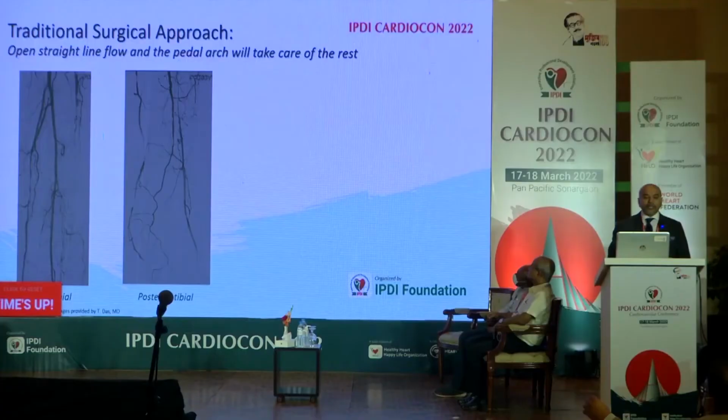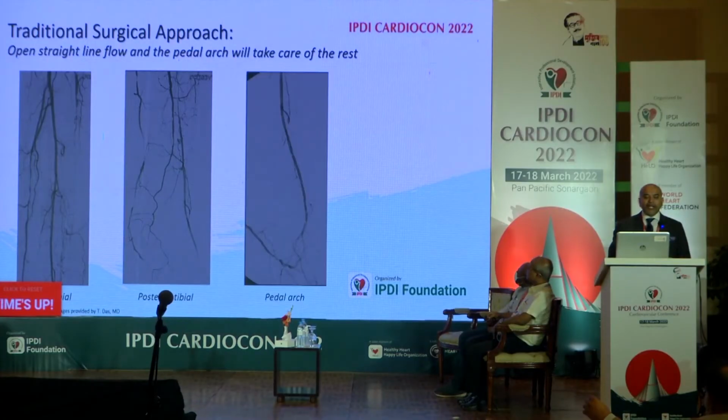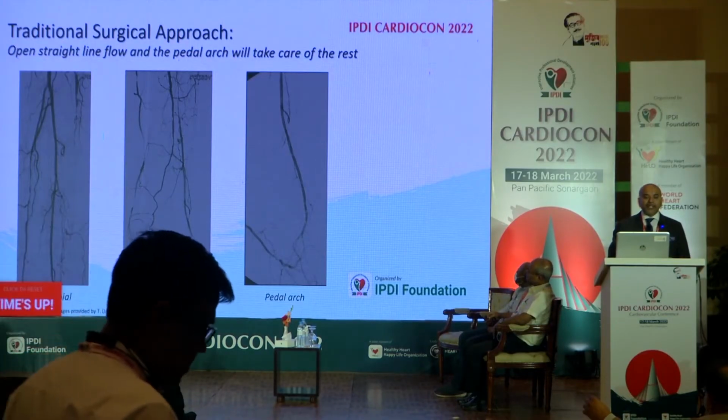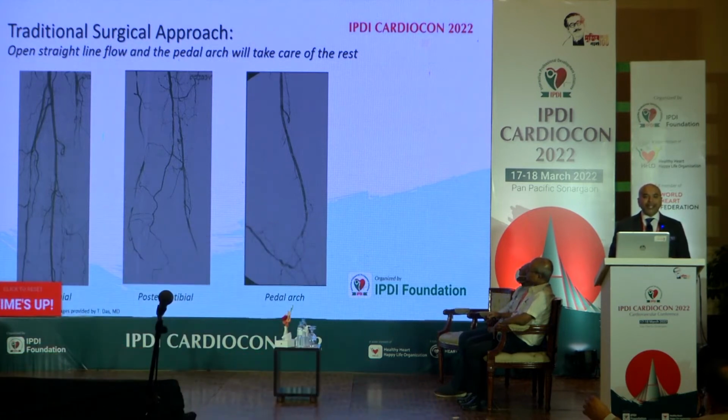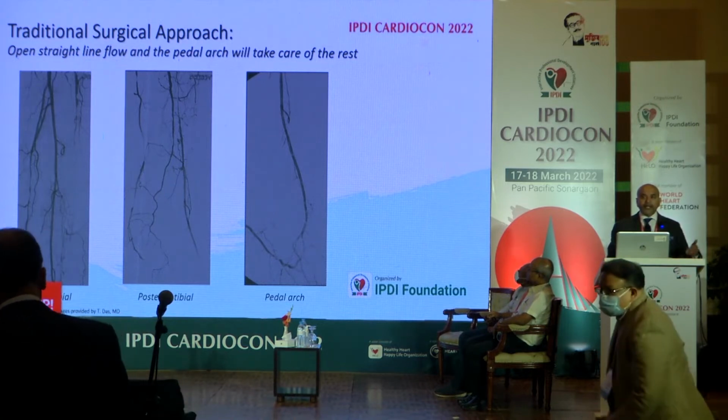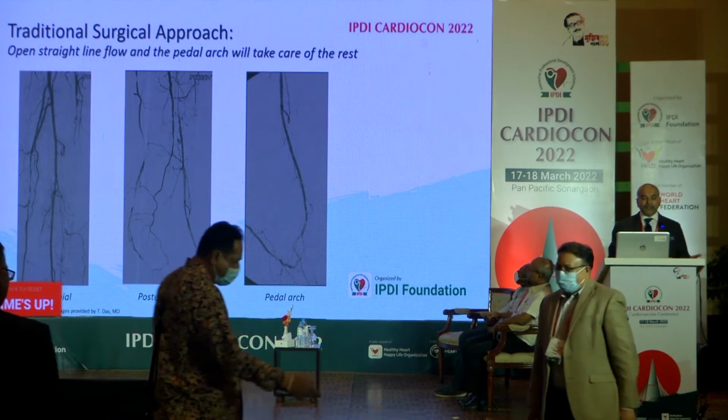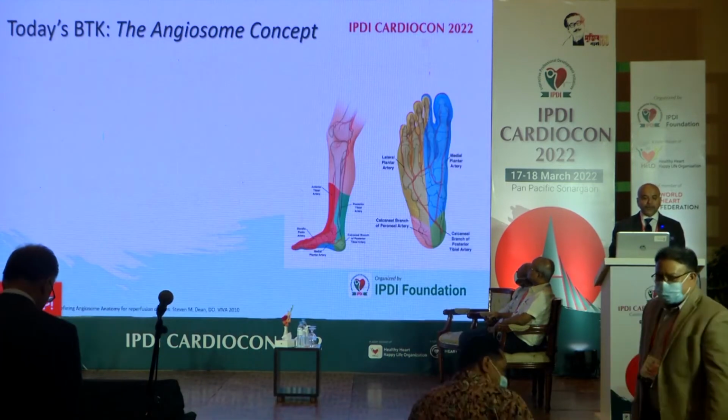The vessels, as I said, are very small, and they can be extremely tortuous as well. So the traditional surgical approach has been to open inline flow to the foot. That's the idea of creating a bypass to get inline flow down to the foot. And once you get inline flow, then you could potentially resolve the symptoms or heal the ulcer.